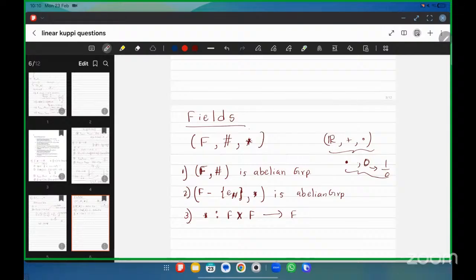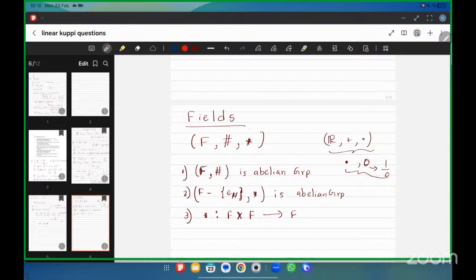If we look into the real set, we are including the zero also. If we perform the zero also, we are getting the F as a function. If we perform that operation into the F whole set, we get the output inside that same set. Okay, that is the third condition.